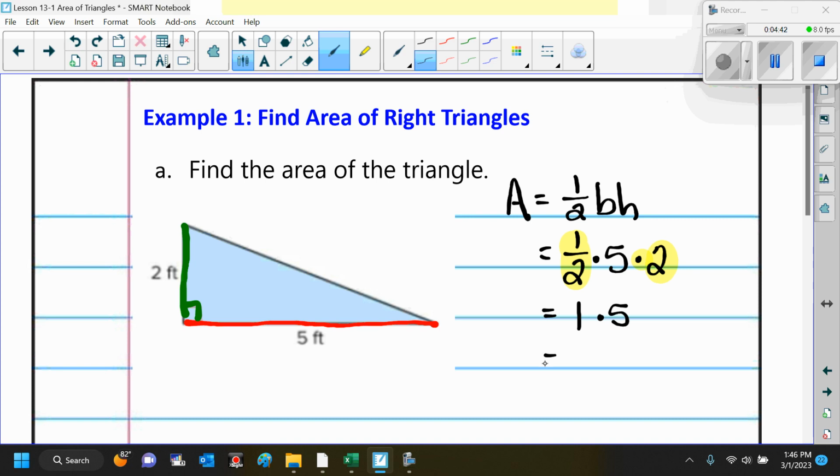Times 5, and of course that's going to give us 5, and this is feet. And because it's feet, because it's area, it's feet squared, okay? Now, I do want to let you know that this part, I'm okay with you doing in your head. You don't have to write that down. You can go straight from here to there. Okay?